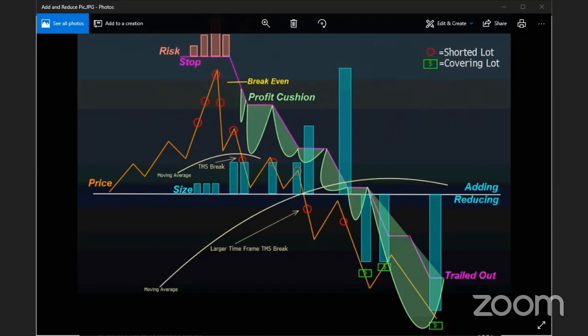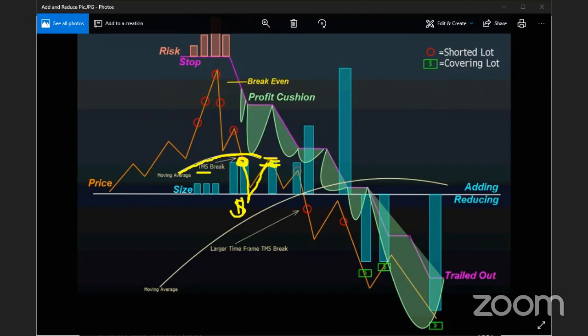So then what I'm showing here is what we call the TMS. I teach my traders that's how we correctly identify the trend. But when that starts to break, there's an opportunity to add more on those breaks. And then typically there's an initial move down that you can cover some. And then that first pullback is really usually the juicy one that you want to be aggressive on.